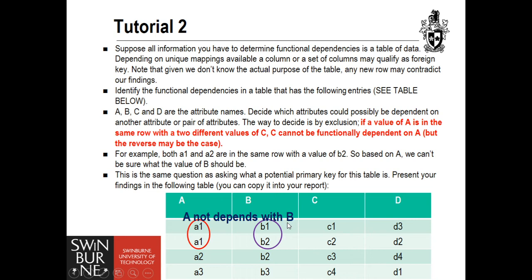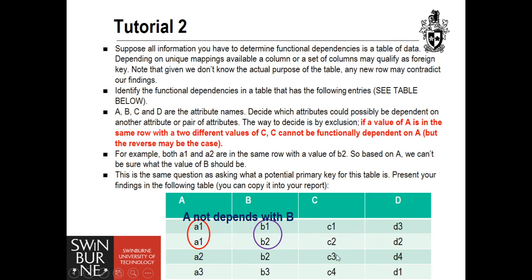How about this one? We can list down. How about this one? C and D. No. This one, B and C. Does it depend? No. Because B2, when it meets C, needs a different value.